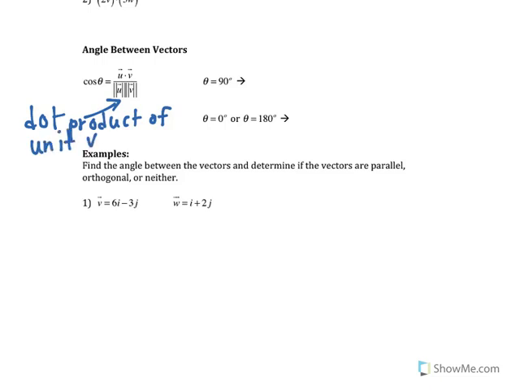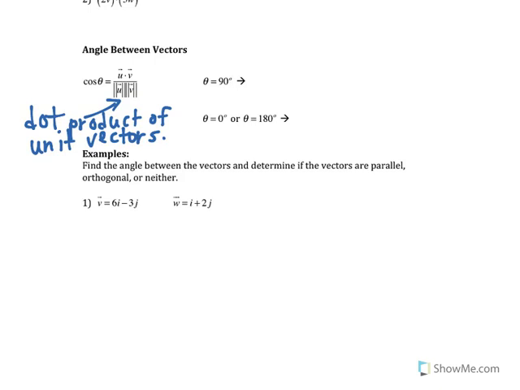Why is it important for these to be unit vectors? Well, if you remember back from our days of doing our sine and cosine graphs, our range for both of those graphs was negative 1 to 1. So we can't have a magnitude for the vectors that's greater than 1, which is why we need to work with the unit vectors.